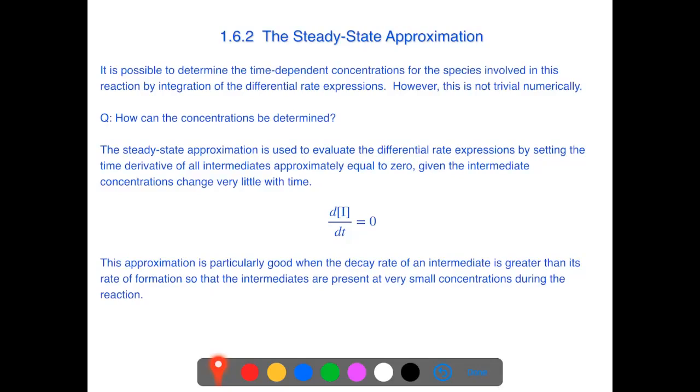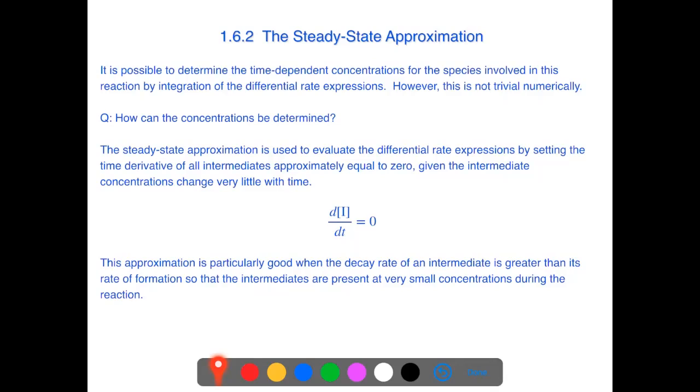As we increase the number of species in our reaction mechanism, though, this becomes more complicated mathematically. So the question we must ask ourselves is, how can we determine the concentrations of these individual species if numerical solutions are more challenging? One approach is to use the steady state approximation.